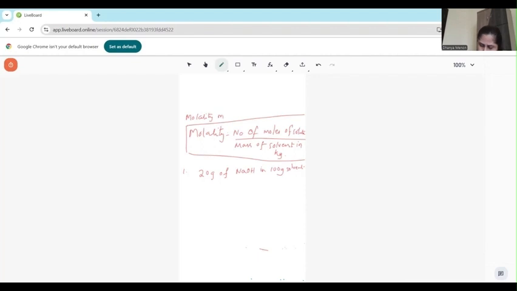So molality: sodium is 23, oxygen is 16, hydrogen is 1. The number of moles you already know the formula, mass over molar mass.